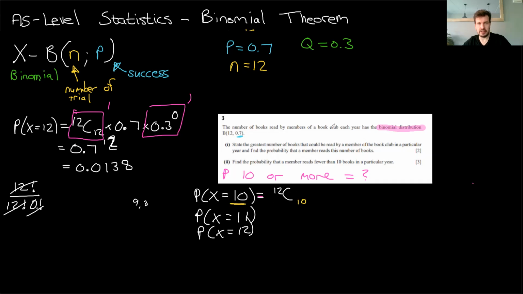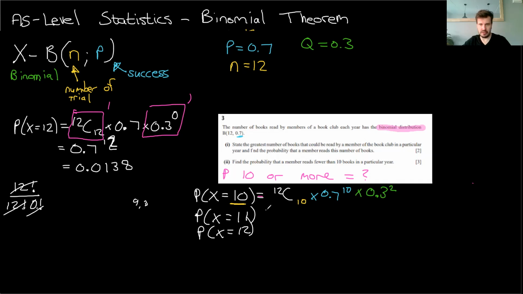Then the probability of success is that P in blue, and there's 10 of them. Then the probability of the 2 failures, because if you read 10, it means you would not read the other 2. So that would be 0.3 to the 2.